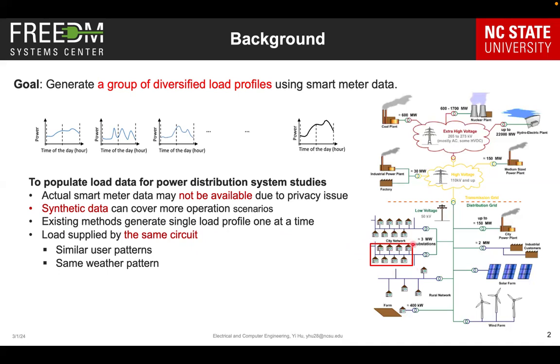you see, there is a group of nodes served by the same transformer. This is the transformer in the red box. Typically, in this case, those customers are geographically close to each other. It means that they may have the same weather pattern.